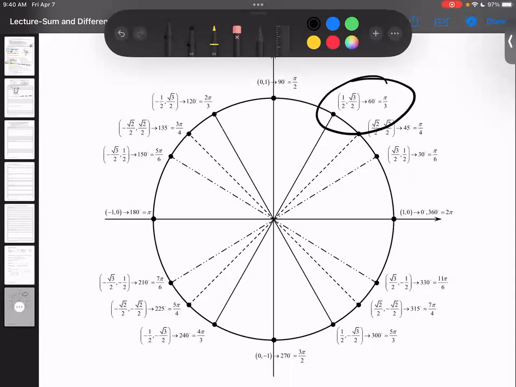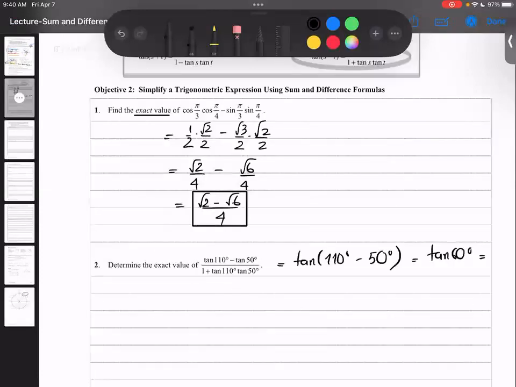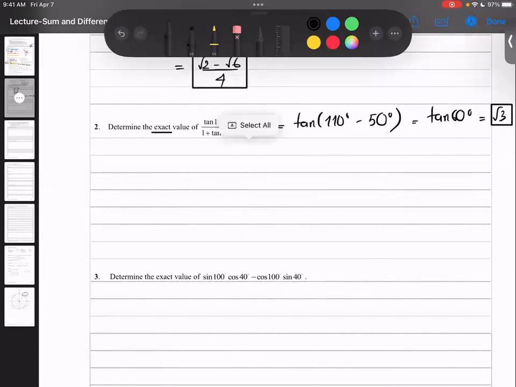Tangent is sine over cosine, so √3, right? Just √3. That's what they meant by exact value. You give me the exact value. I don't want 1.6 something, right? I don't want decimals. That's approximation. Number 3 is your you try one.